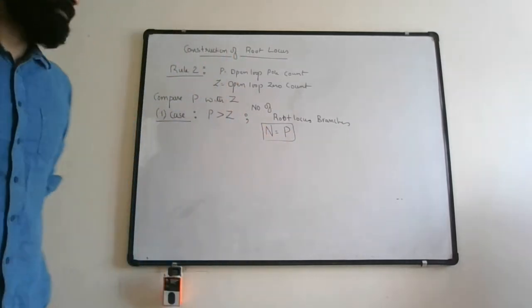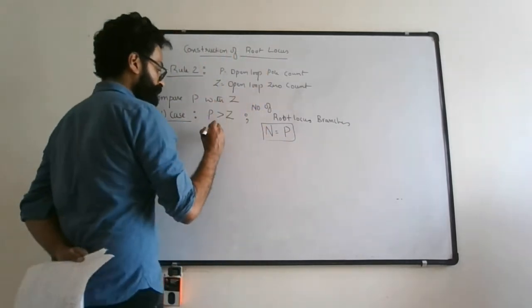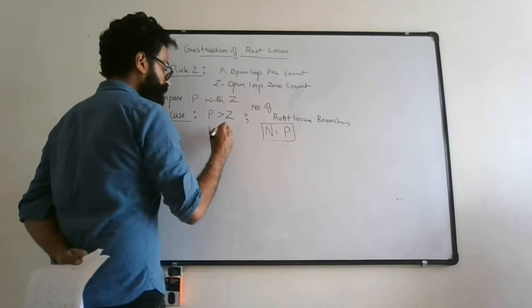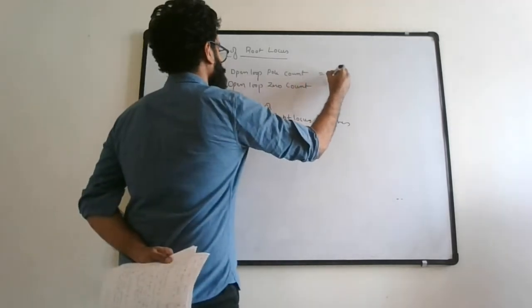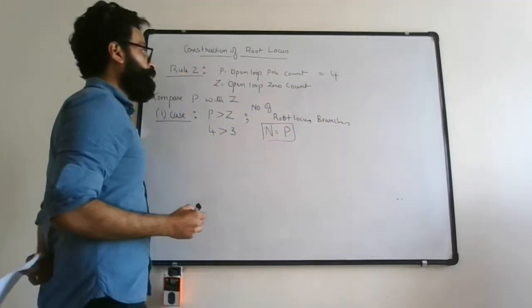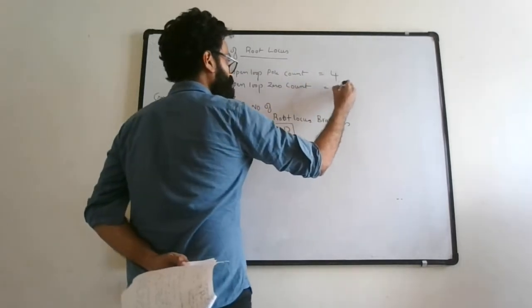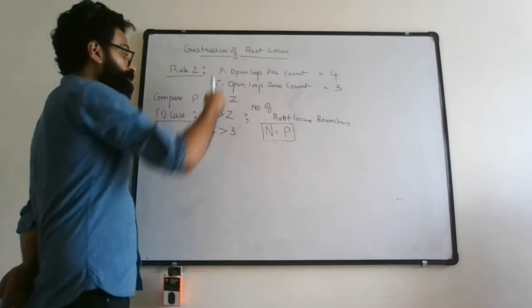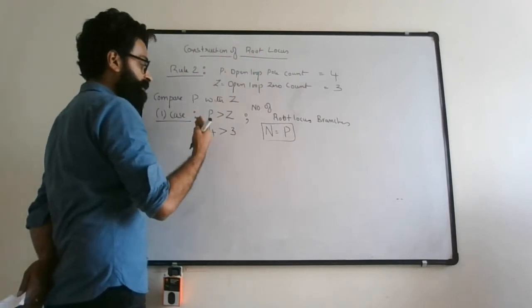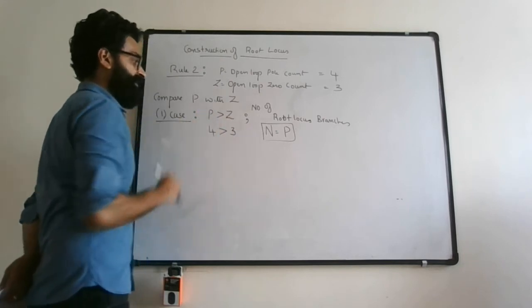For example, let us say you have 4 poles and 3 zeros in your open loop transfer function. When you compare P with Z, you find that poles are greater than zeros.